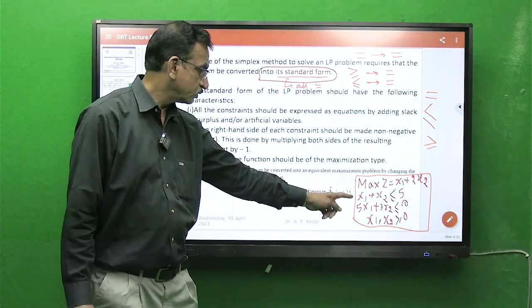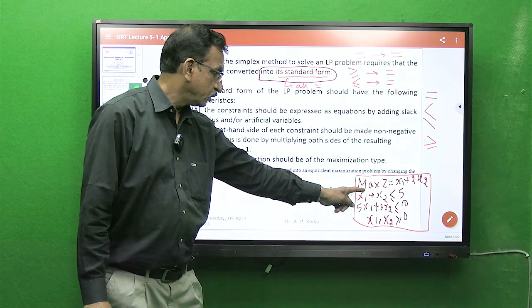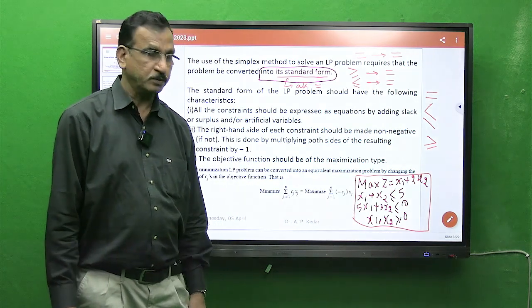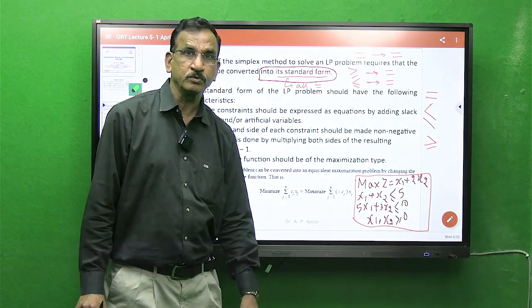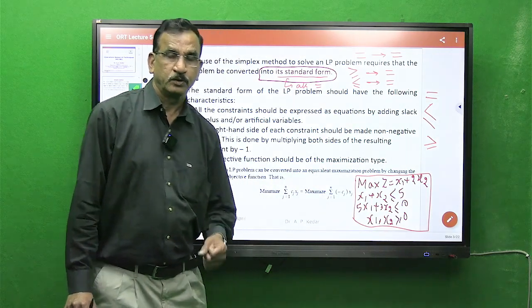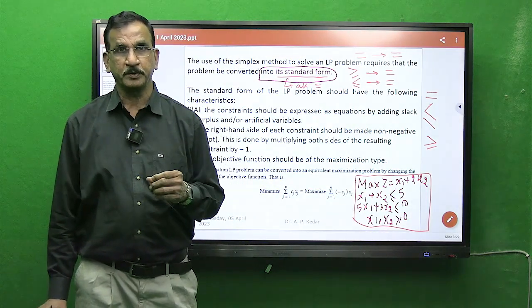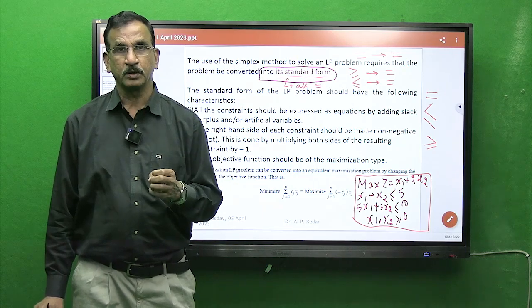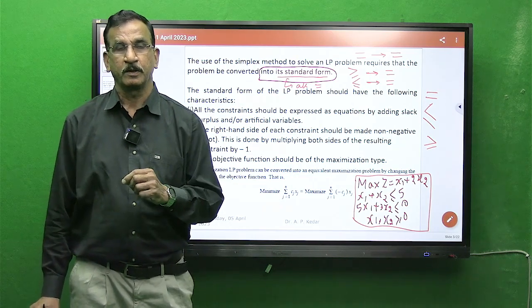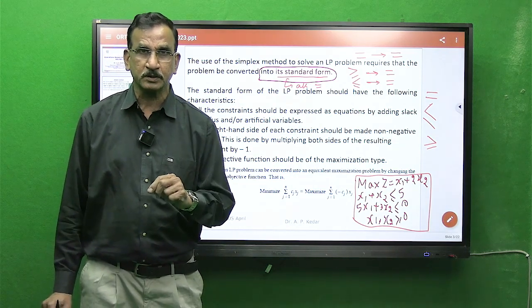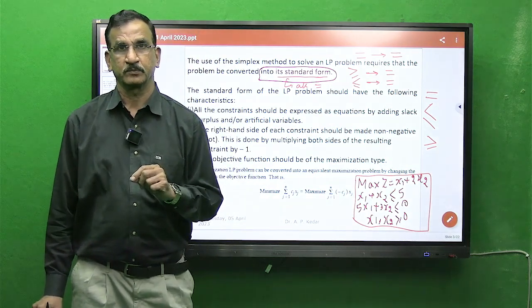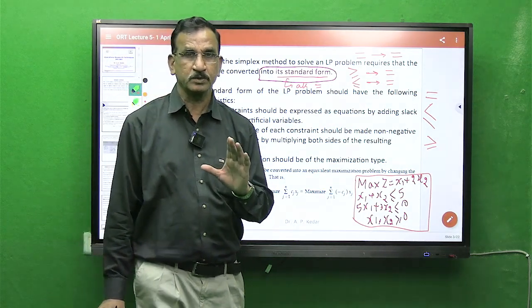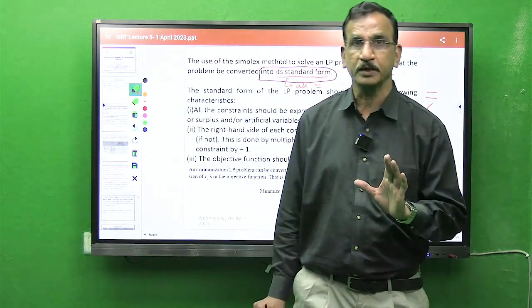Suppose this is the given condition. Here it is written x1 and x2 greater than equal to 0. The beauty of linear programming as a tool in operations research for decision making is that it talks of reality, possible results which you are likely to get.